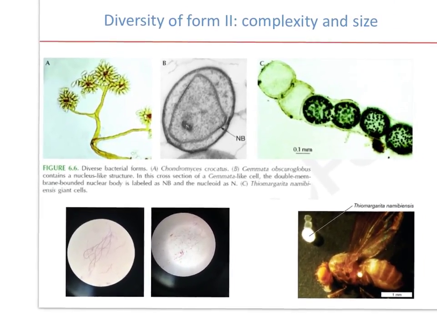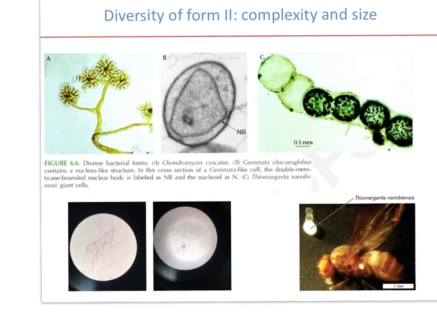A few other different examples of unusual form are shown here. This top one, Chondromyces, was the bacteria that wanted to be a fungus. It was originally discovered in sheep poop, and they really thought it was a fungus because it looks like you've got these spore packages, and it turns out that it's a bacteria.